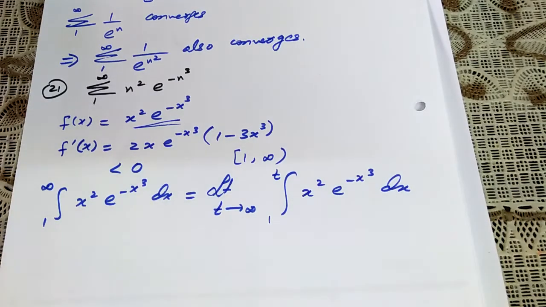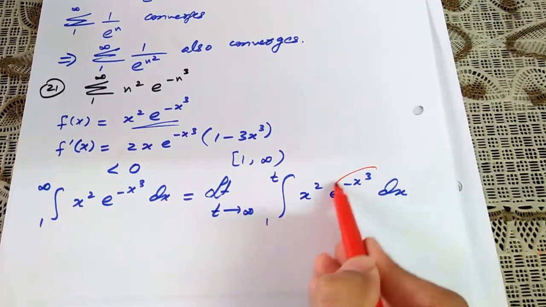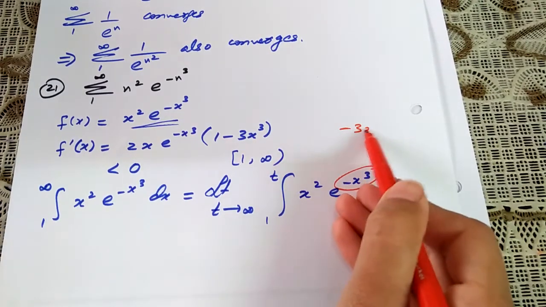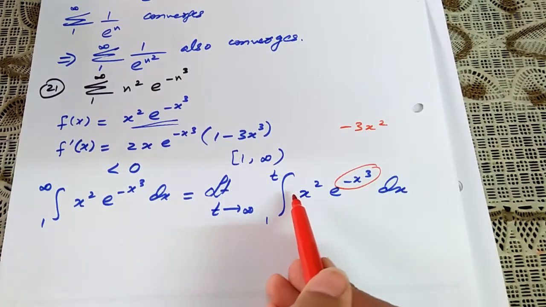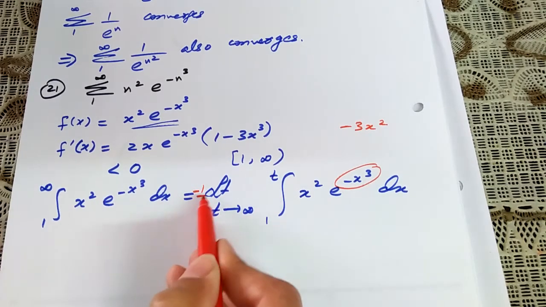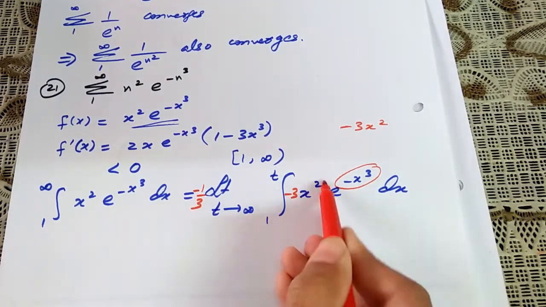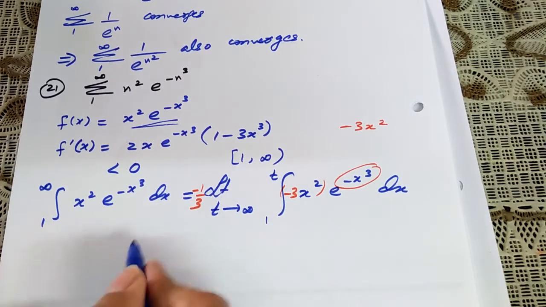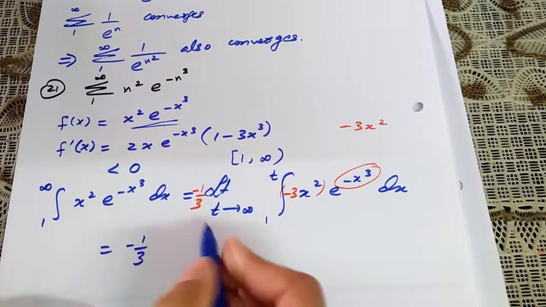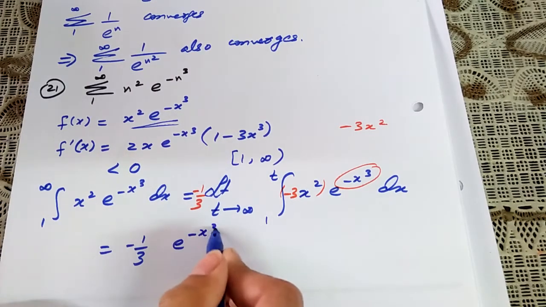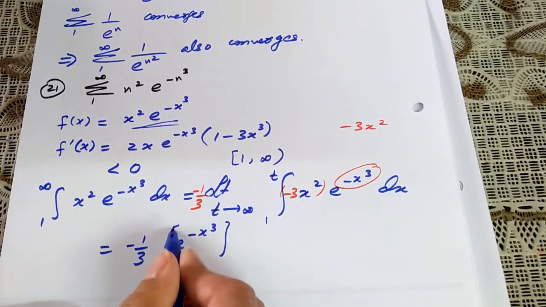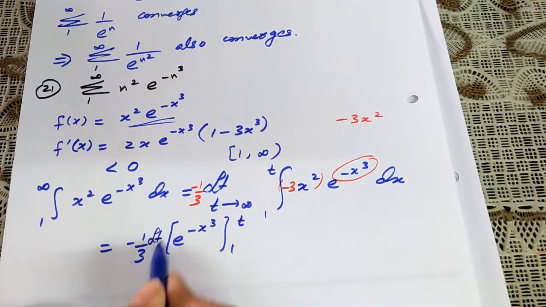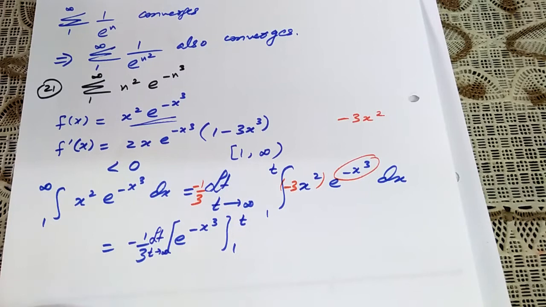Now you can integrate it. What is the derivative of this function? Its derivative is minus 3x square. You can make minus 3x square by dividing and multiplying. Now your integration answer will be minus 1 over 3 e raised to power minus x cube, with limits of integration from 1 to t, and limit t approaches infinity.